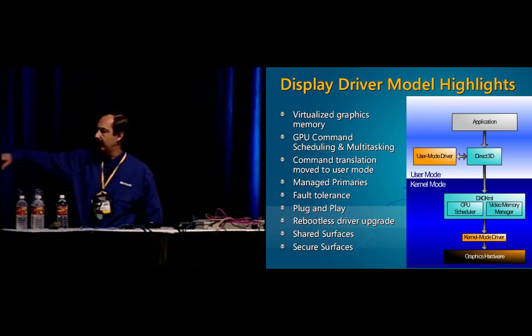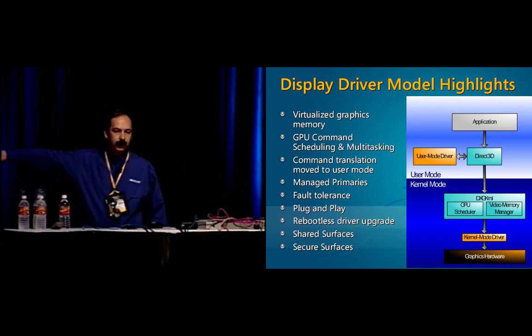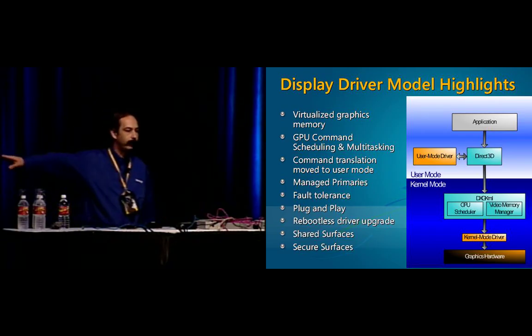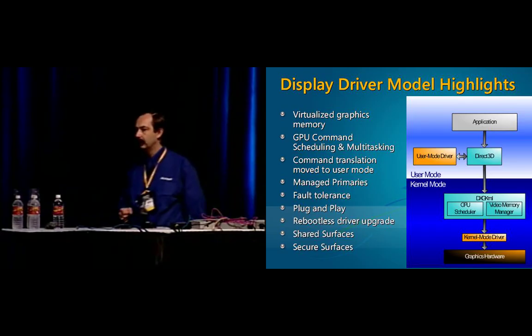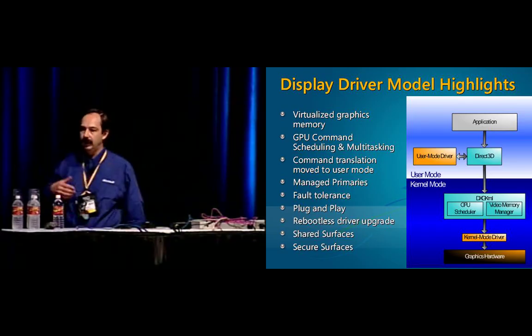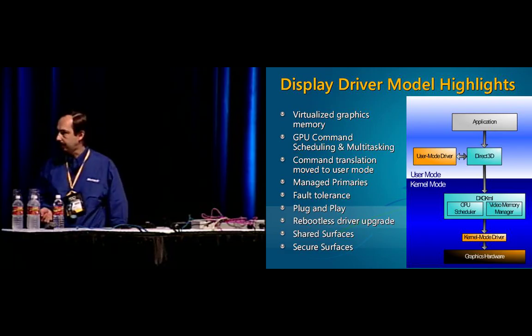In this diagram, obviously, I have the graphics hardware at the very bottom. The kernel mode driver in Windows Vista is much smaller than it has been in the past in Windows XP. We've taken a lot of the things that used to be done in the kernel and in the driver and moved them into different places.